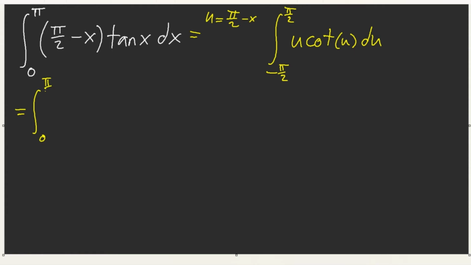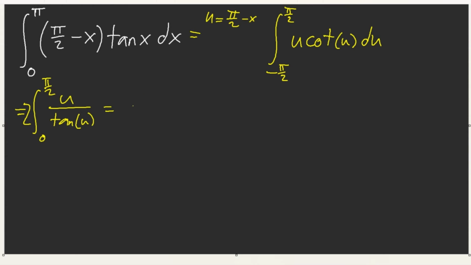So 0 to pi over 2, times 2. I don't know why I write it like that. I'll put it here. 2. This is literally this. Do you remember how to do this integral? Right, this is taking the integration by parts.